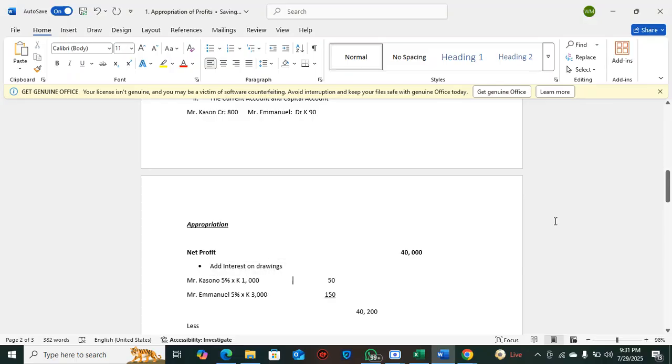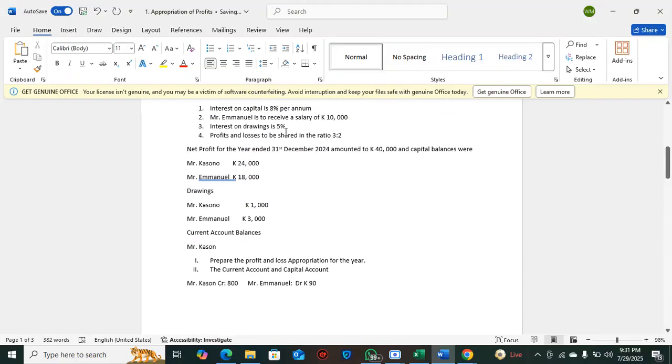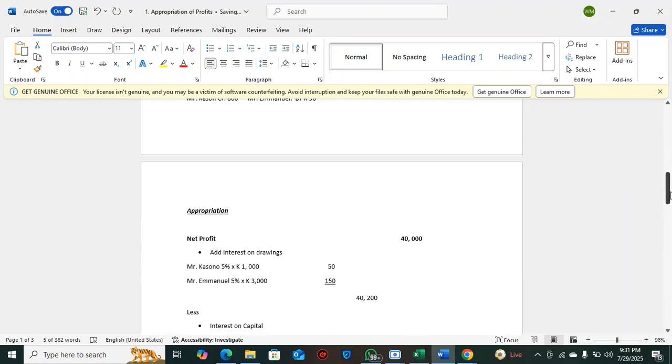Then we're going to add interest on drawings. The interest on drawings they told us is 5%. Mr. Casono drawings 1,000, Mr. Emmanuel 3,000. So we're going to get 5% of these amounts. 5% of 1,000 is 50 kwacha.